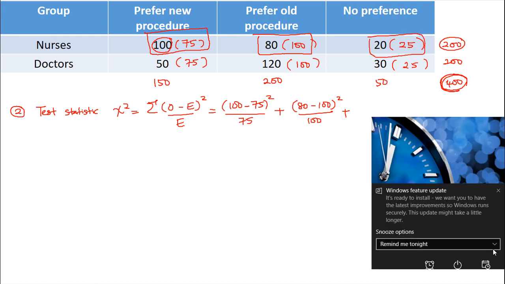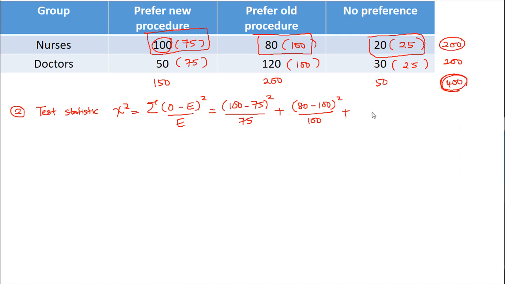For the next cell, this is 20 minus 25 squared divided by 25.